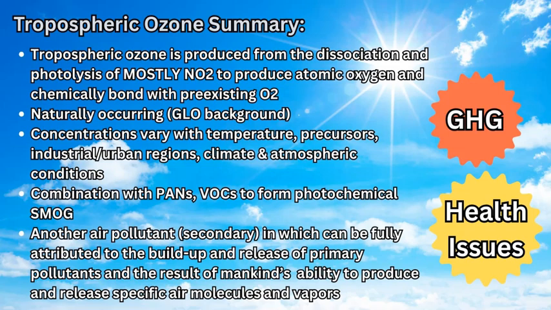Now, stratospheric ozone, the good ozone, is protection from ultraviolet light. Tropospheric ozone is bad and a greenhouse gas. Now, what's the difference? First, its formation. Tropospheric ozone is formed through the breakdown or dissociation of nitrogen dioxide mostly, plus oxygen to form O3.